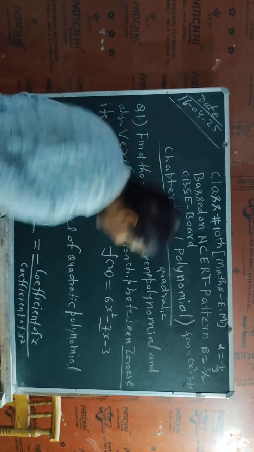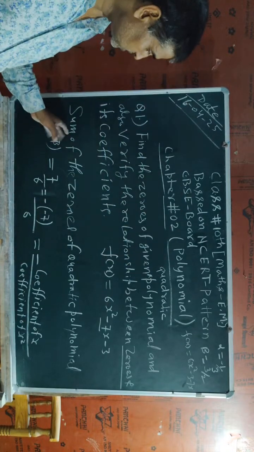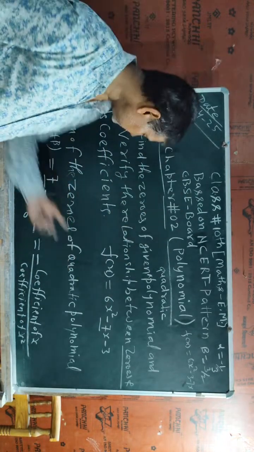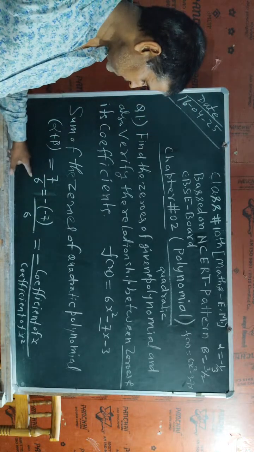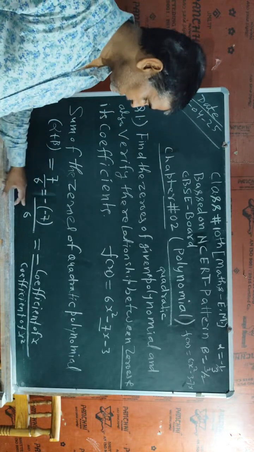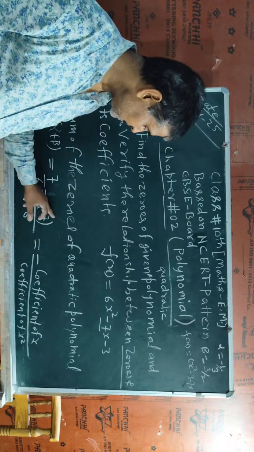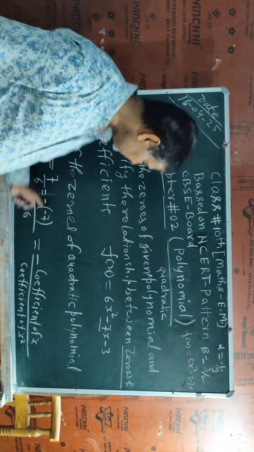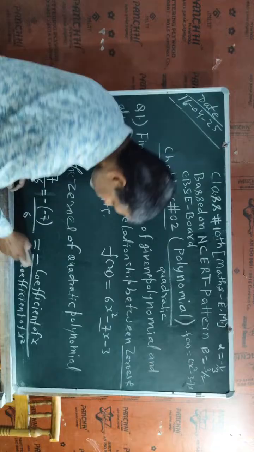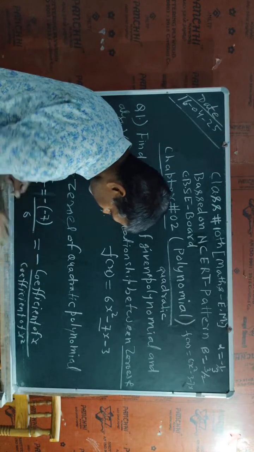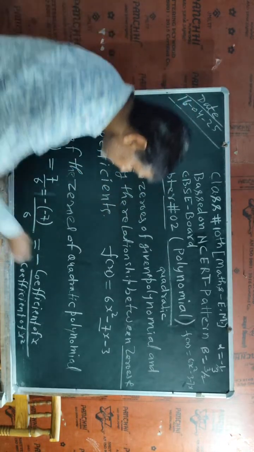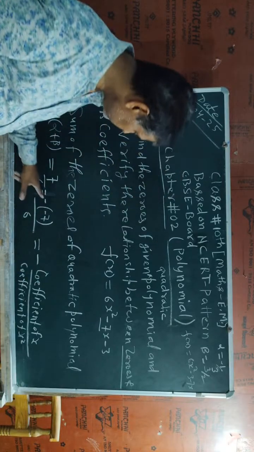Okay, student, I have written. So sum of the zeros of the quadratic polynomial is equal to 7 divided by 6. After arranging like this, minus sign is available here. I will put here minus sign. This is outside. Now here minus is available.